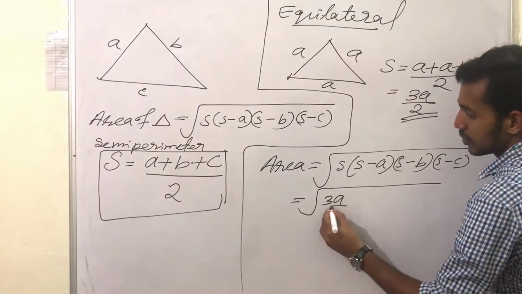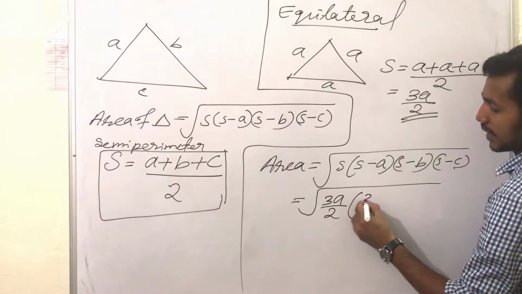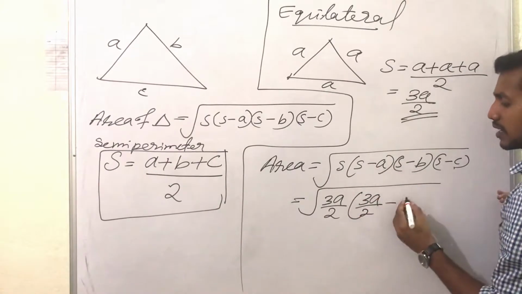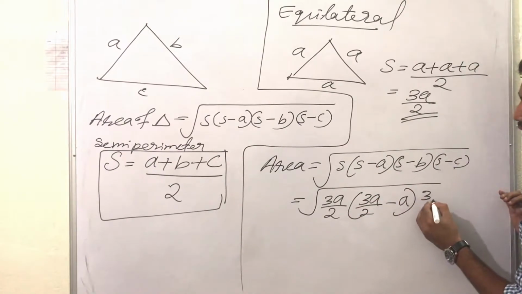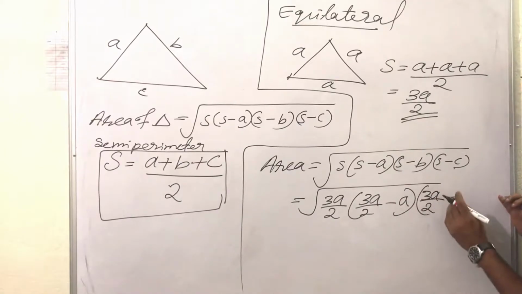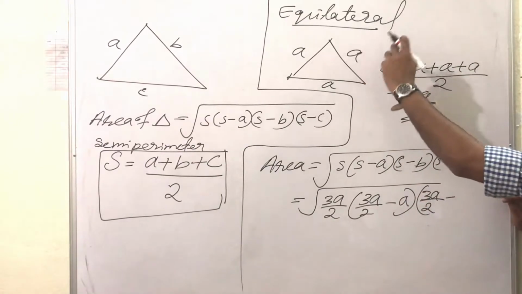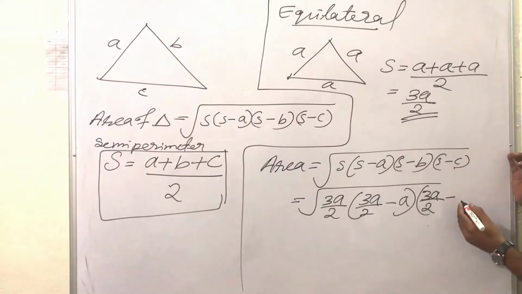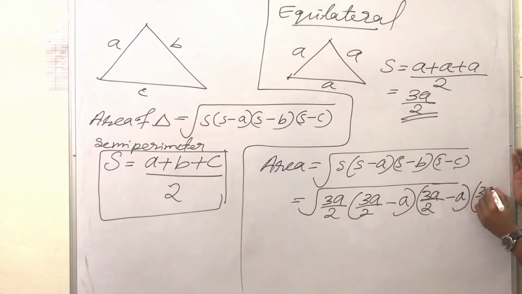So 3a by 2 into, again, 3a by 2 minus what is a? Into 3a by 2 minus what is b? b also is a, and c also is a. So we can write a.